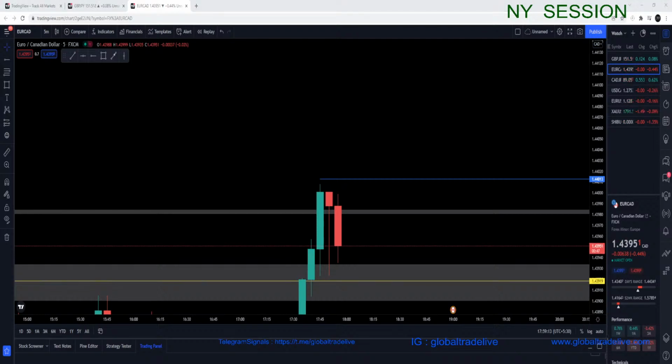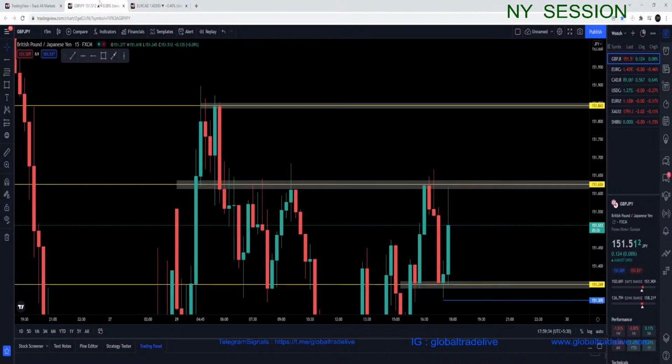So in this trade I lost around 3 pips. Yeah, it was a good decision to close everything.